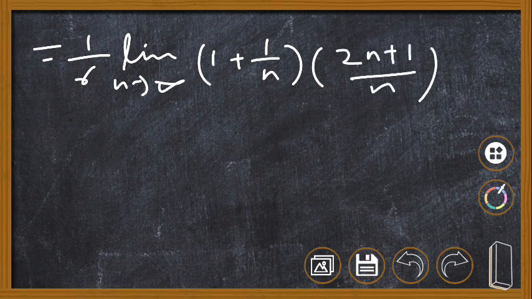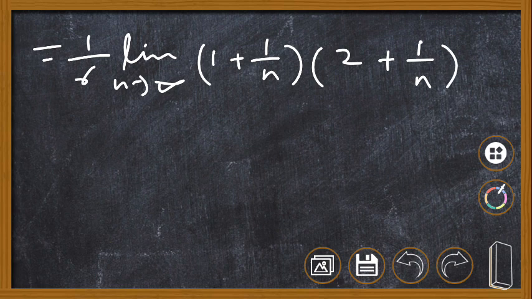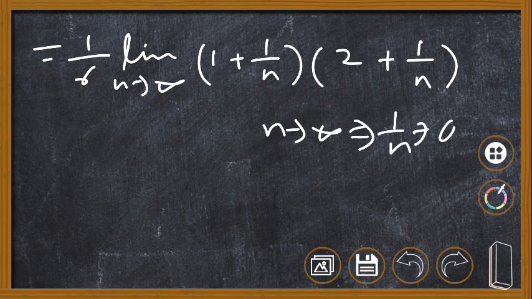Now if I divide 2n by n and 1 by n, it will be 2 and again 1 by n. Now when n tends to infinity, you can see 1 by n tends to 0. That is, if n tends to infinity, that implies 1 by n will tend to 0.